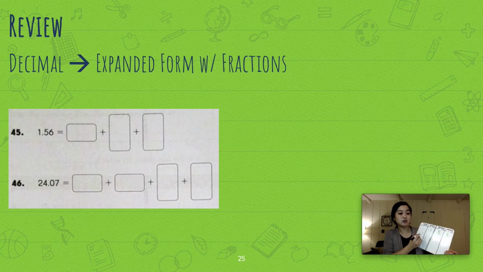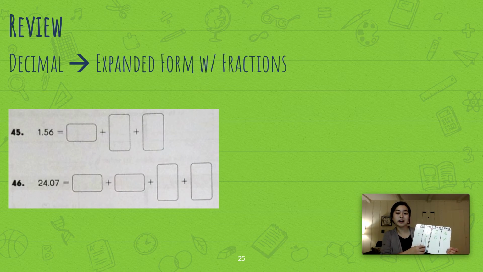Now, let's look at 24.07. I'm going to write it in my place value chart. Okay, so to write it in expanded form, you can just look at each place value column, okay? So how many tens do I have? I have 2 tens, and that's equal to the number 20, right?